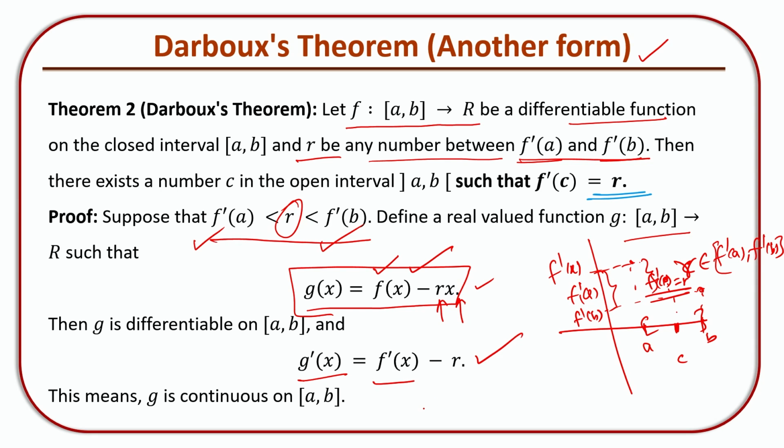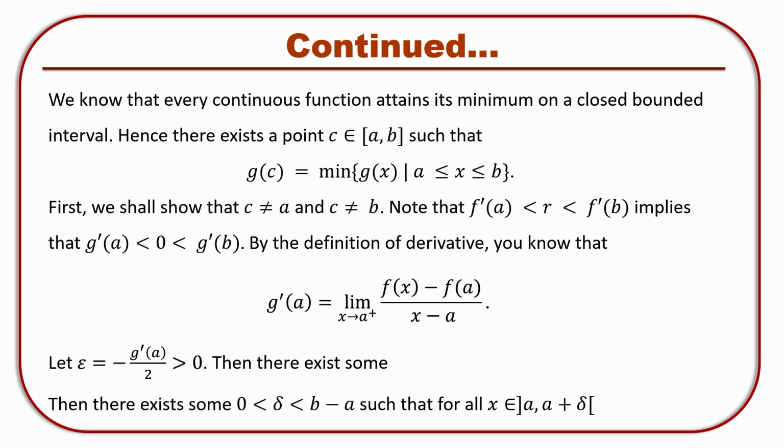This means g is continuous in a closed interval [a, b], and we know that every continuous function attains its minimum or maximum in a closed bounded interval. Hence there exists a point c in [a, b] such that g(c) is the minimum of g(x) for x in the closed interval [a, b]. We shall show that c is not equal to a and c is not equal to b, because otherwise the minimum thing is going to be wrong.